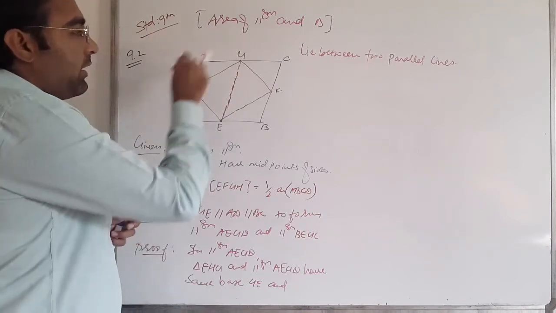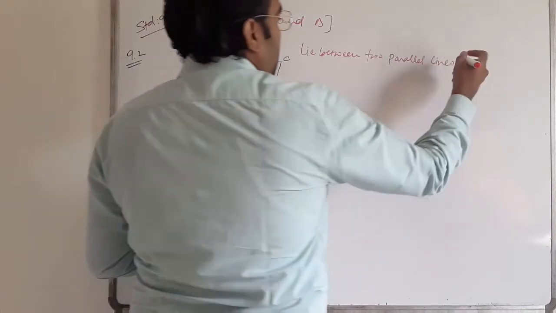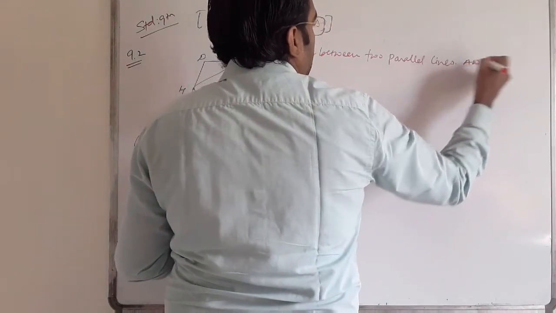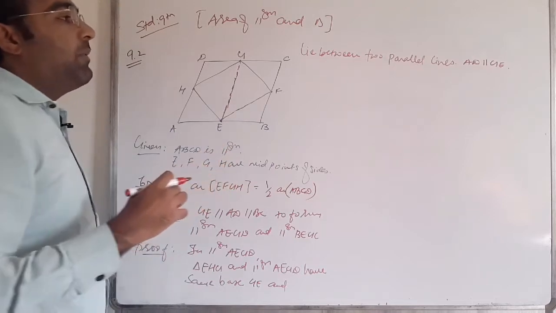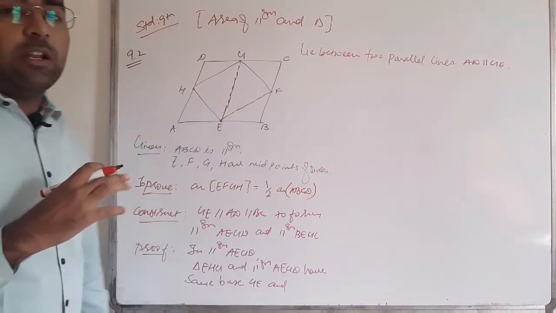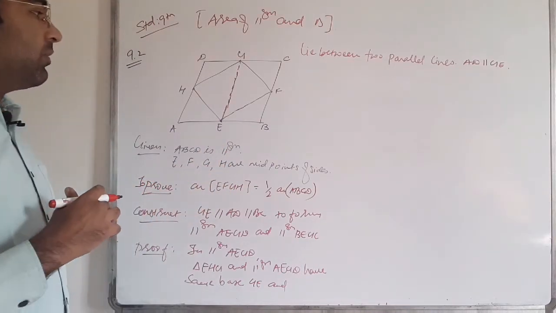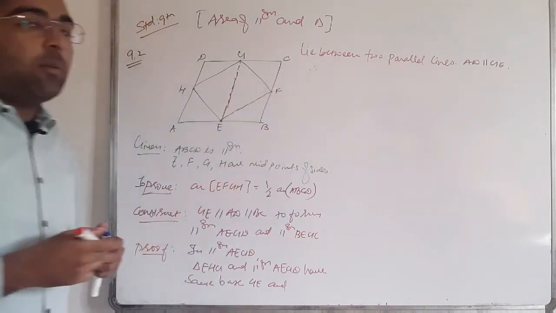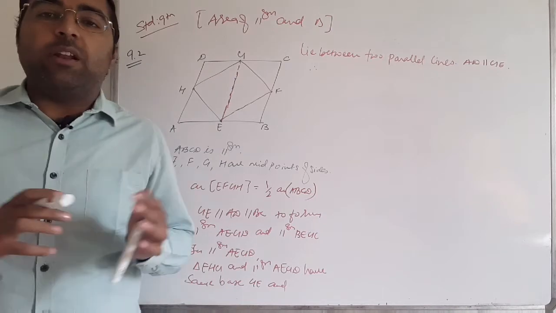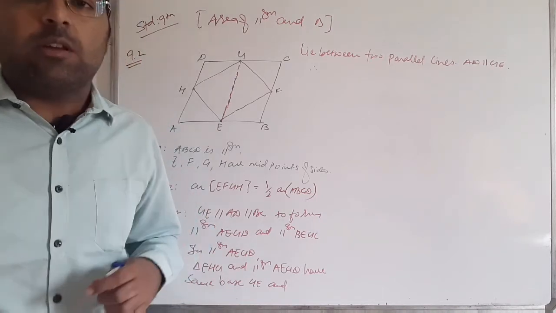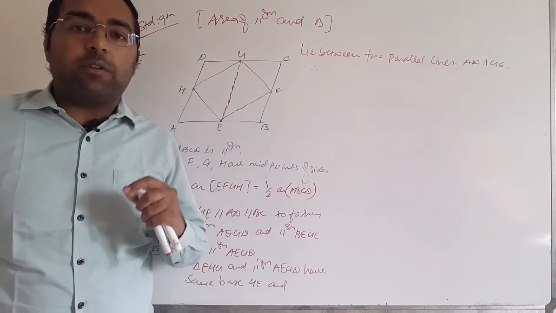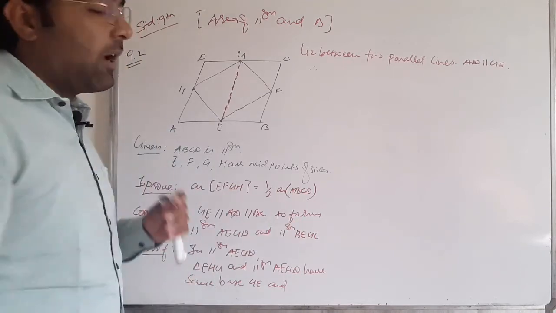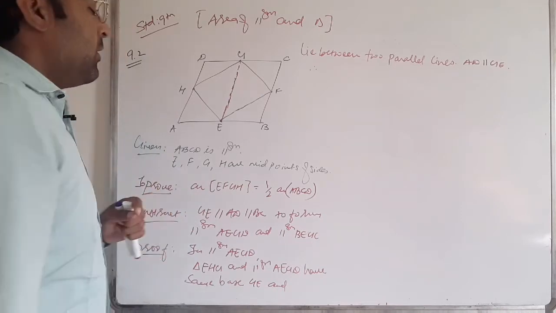AD is parallel to GE. We know that if a parallelogram and a triangle lie between the same parallel lines and have the same base, the area of the triangle is equal to half of the parallelogram.